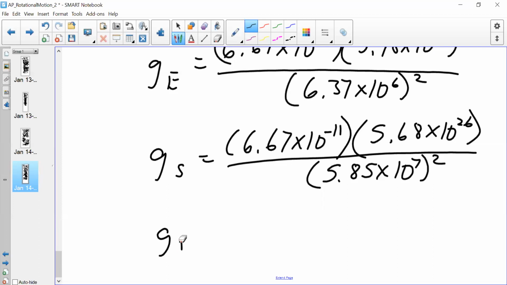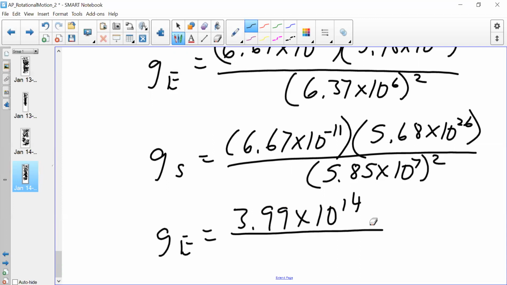So for G, 3.99, 14.06. Let's see what we got.